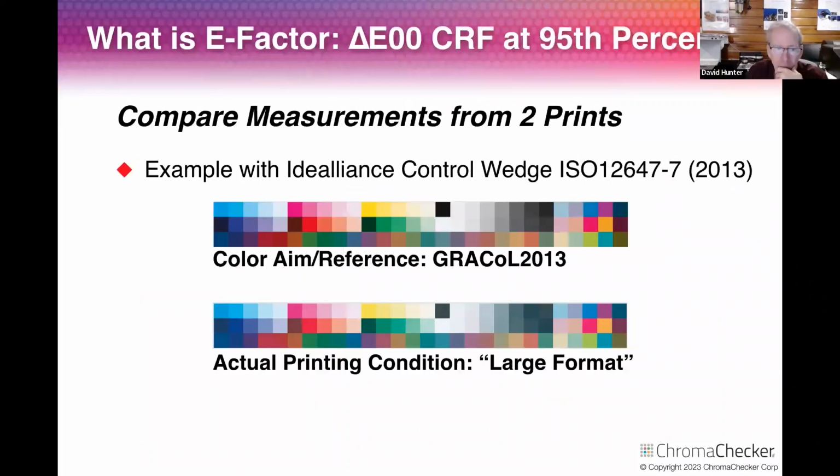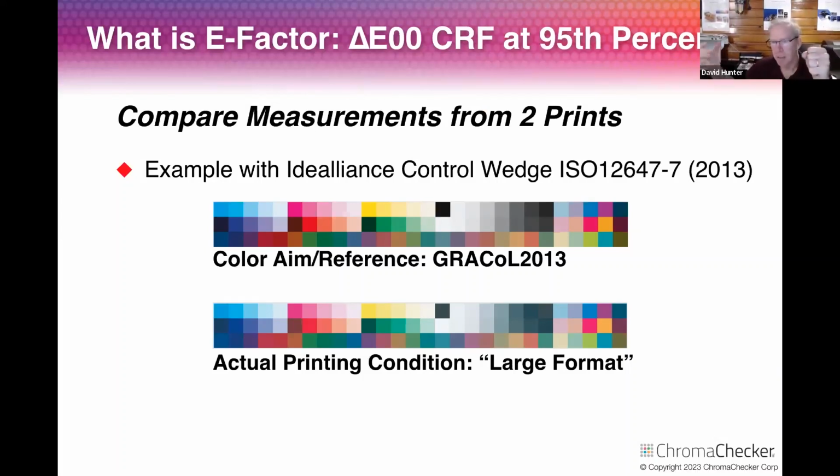And the way we go about doing this is we take two prints. So we take, let's say, the Idea Alliance control wedge. It could be any color bar. And we calculate what those absolute values would be if imaged to GRACoL.